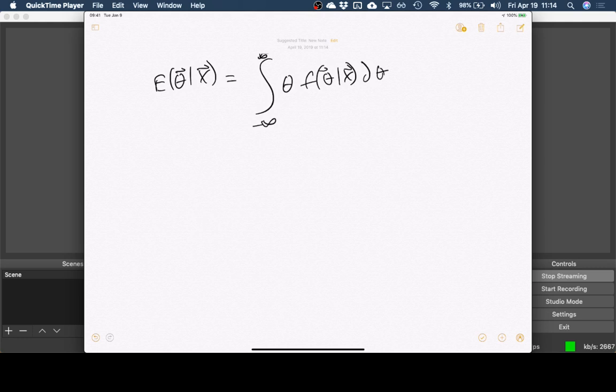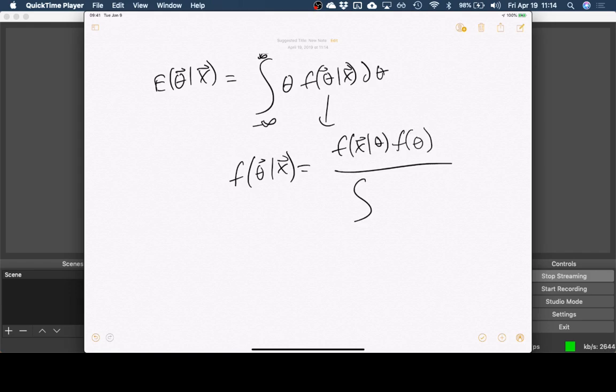So this thing really is equal to f of x given theta, f of theta, and then in the denominator we marginalize across theta and x, the f of x right here. Something along those lines. All right.